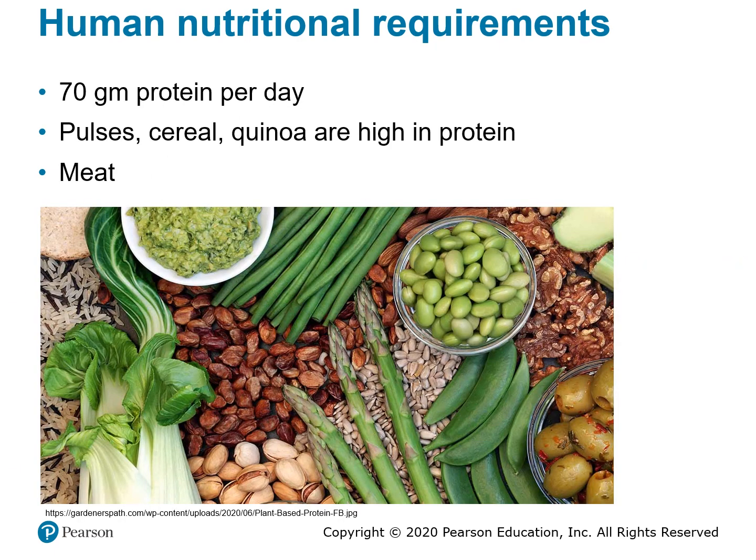Human adults need approximately 70 grams of protein per day, and plants can easily provide that amount. Pulses such as beans and some cereal crops are high in protein, even potatoes. Quinoa, too, is very high in protein and in carbohydrates.